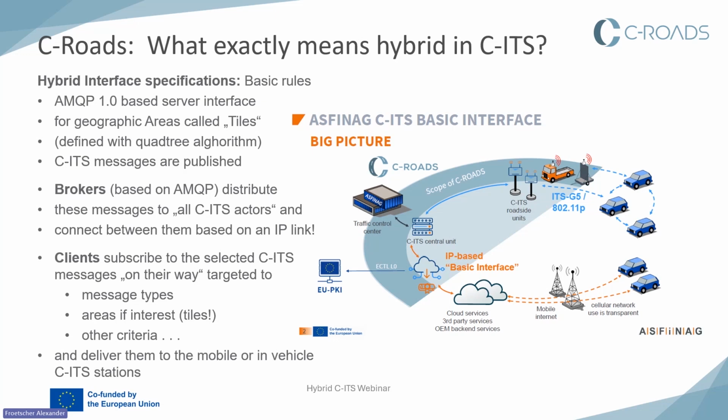Based on these tiles and on the message types, these messages are published in queues. For this publication, you first need a message broker, which collects these messages from the central unit or from the roadside units and then distributes them. And these brokers are linked between them based on an IP link.